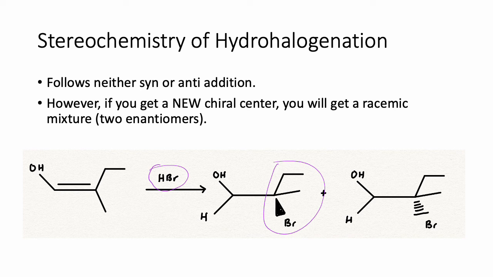So I will get Markovnikov addition, and you can see that because the bromine is added to the more substituted carbon, but because I have a chiral center right here, and I have a chiral center because I have a bromine, a methyl group, an ethyl group, and a methoxy group attached to my carbon, so that's 4 different things, so that means it's a chiral center. I can get both enantiomers. So these are enantiomers.